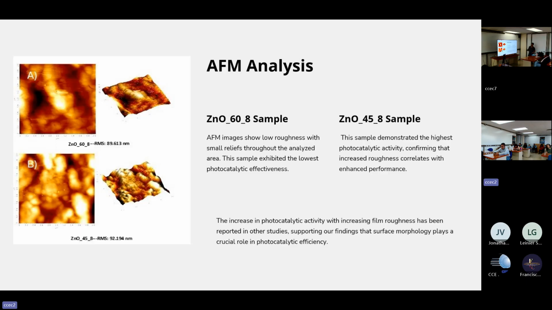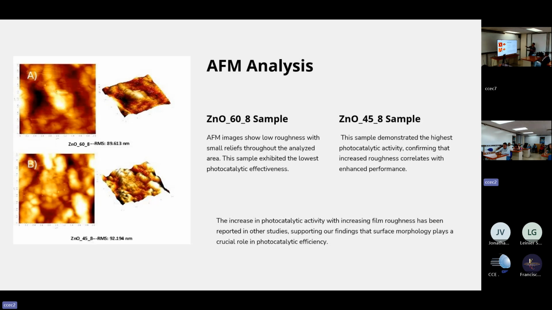AFM images revealed important differences between the samples in terms of surface roughness. The ZnO 68 sample exhibits a smaller surface and low roundness, and this sample shows the lowest photocatalytic efficiency.